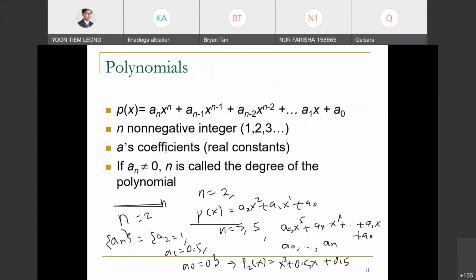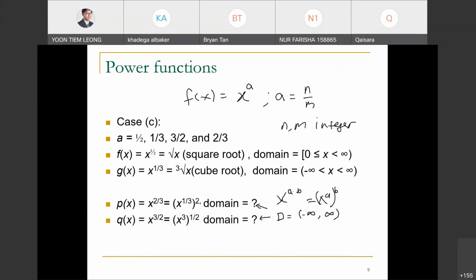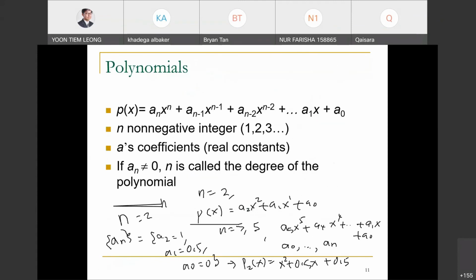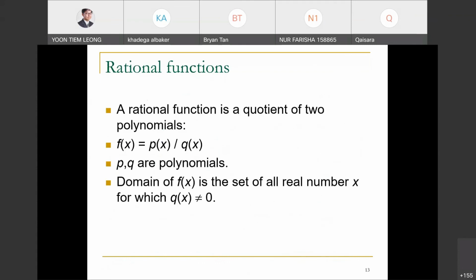For example, if you set all the coefficients of the higher terms to 0 and you set a(n) equal to 1, then what you end up with is a polynomial x to the power n, and that's nothing but a power function, right? When you take two polynomials to construct a rational function, then you have a rational function.